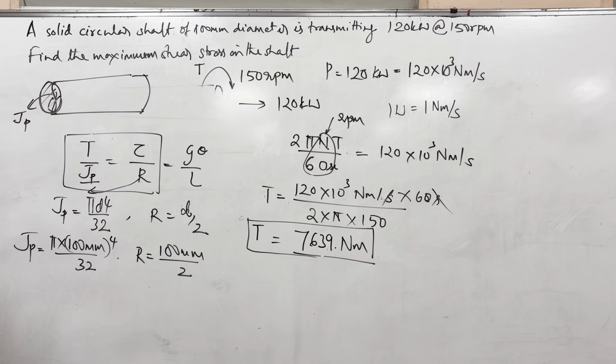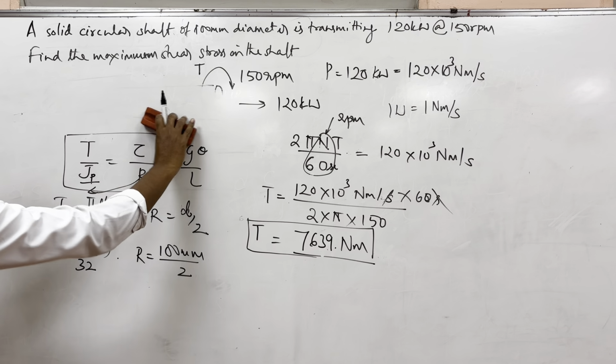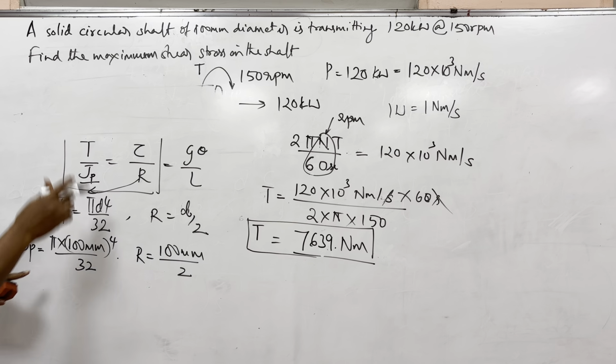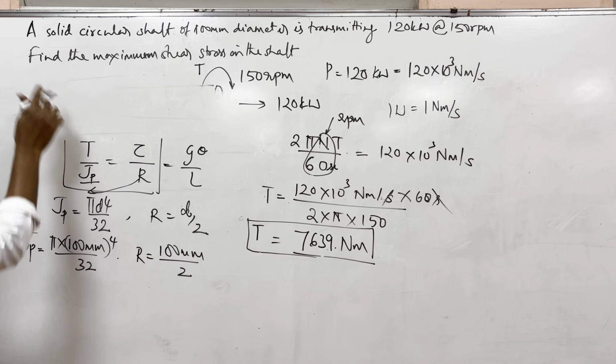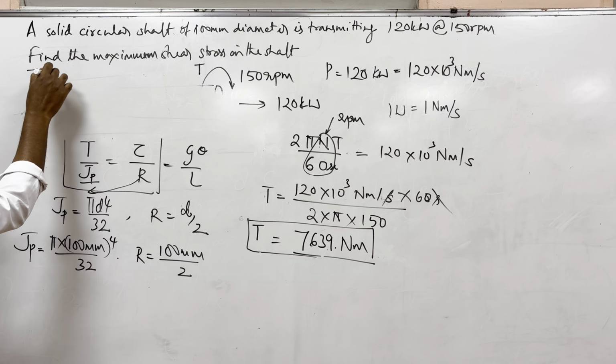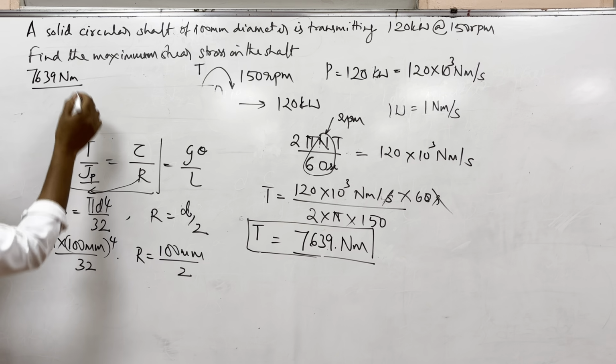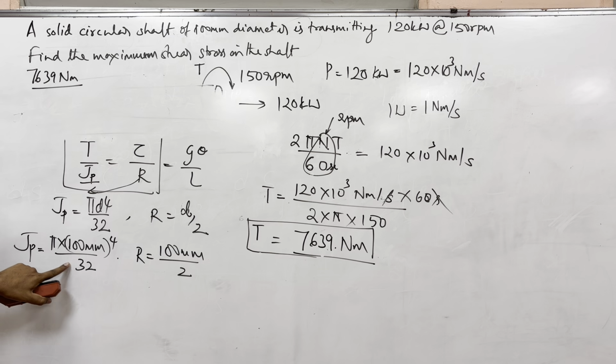So now once you have done this, you substitute these values here. I am now substituting the value of T, which was found as 7639 Newton meter, divided by, what is the value of this, guys?